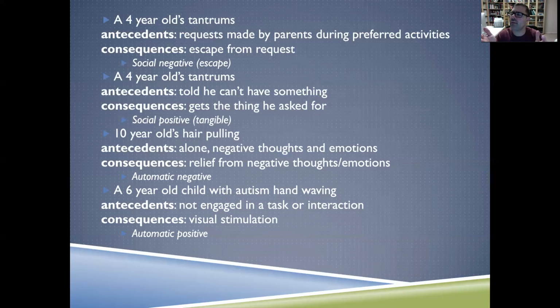What would extinction look like? It would theoretically be that waving the hand no longer produces visual stimulation. Now, is it possible to do that? Is it possible to get a child who does this and produces visual stimulation to continue to do this, but not produce visual stimulation? Probably not, right? I mean, what would you do?